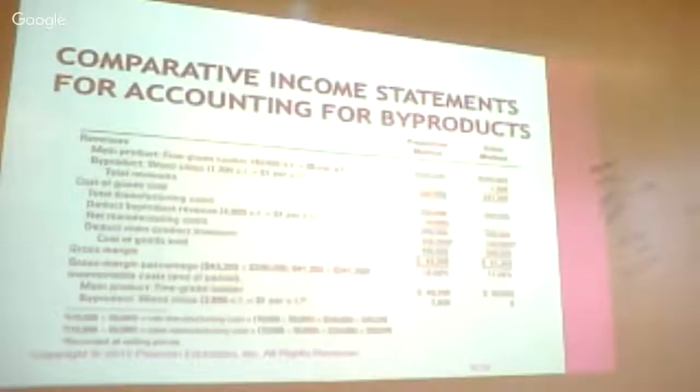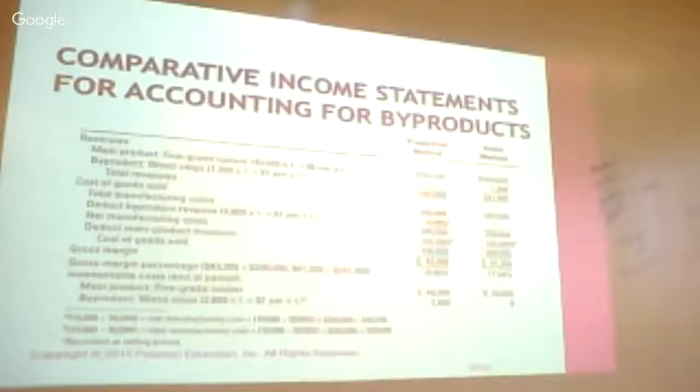Same concept here. Under the production method, I have $250,000 worth of costs, but I'm going to take that byproduct and sell it. So in reality, I'm going to get $4,000 back of those costs, and my total cost under the production method is 246, compared to the sales method, where it's 250.